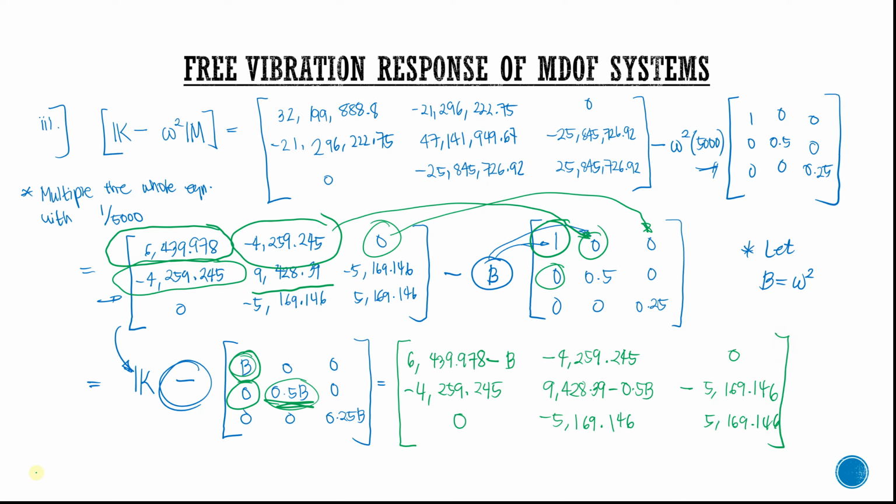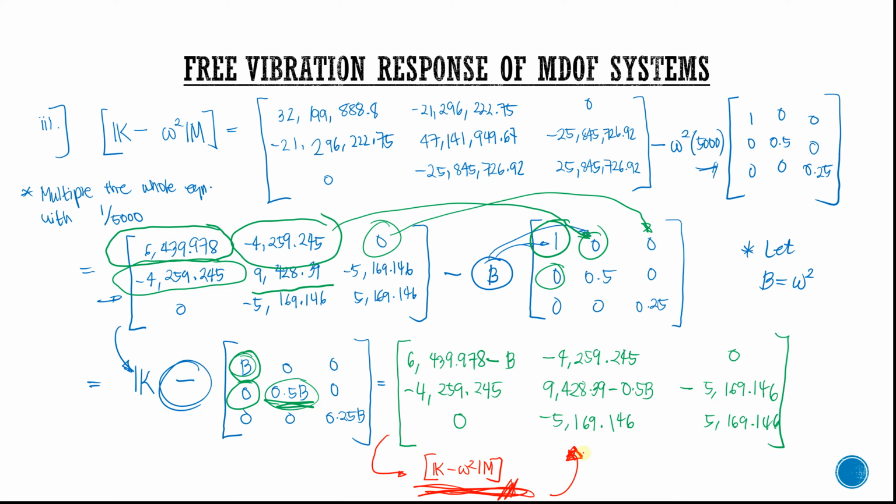So this part here is our stiffness matrix minus omega squared times the mass matrix. Whenever we talk about this, it means this matrix.